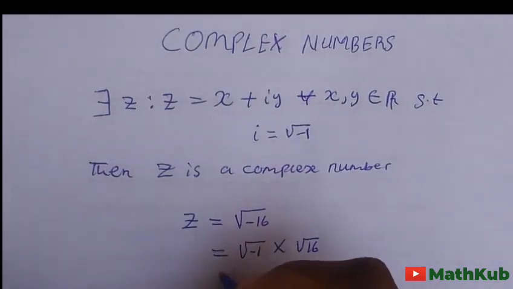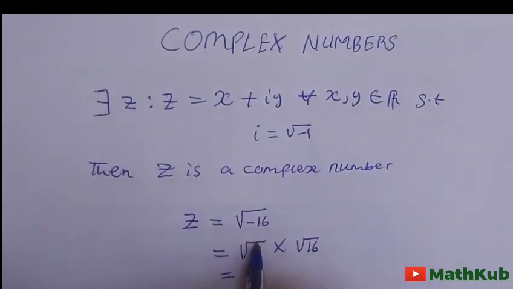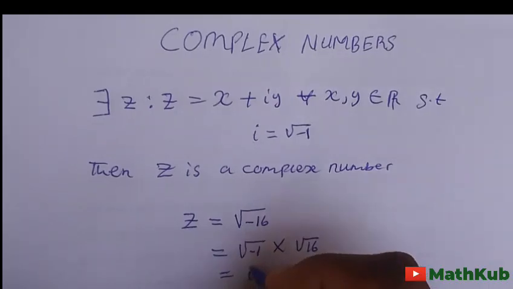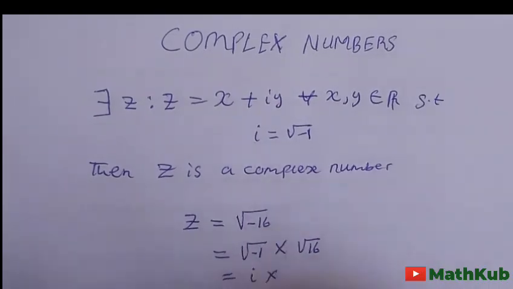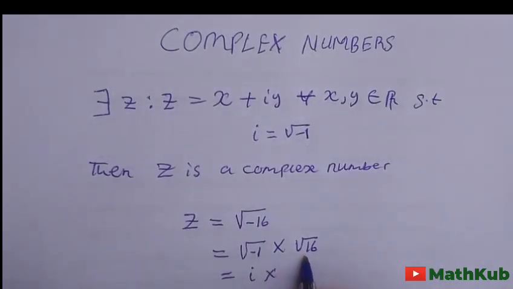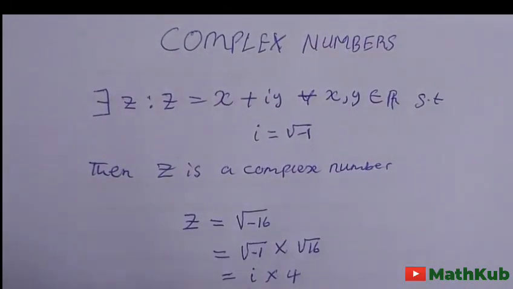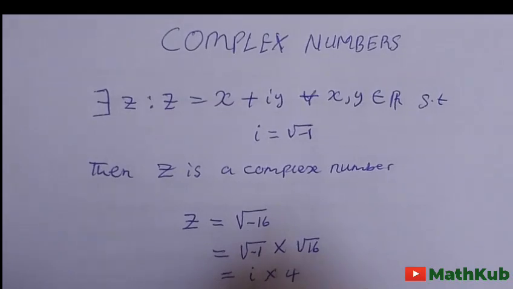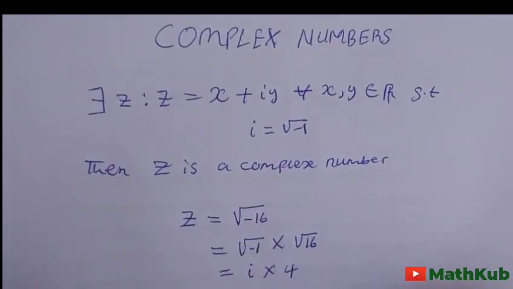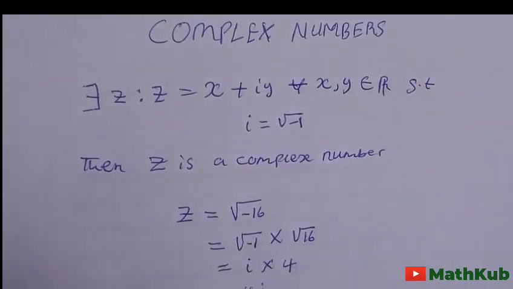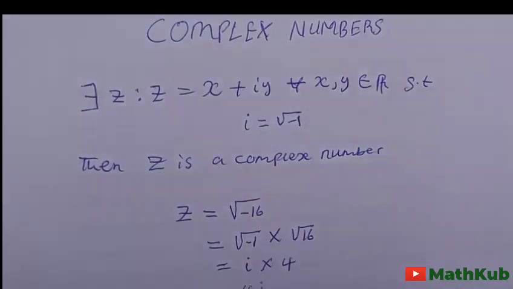Then this is equal to, square root of -1 is i, then we can say i times the square root of 16, which is 4. i times 4 is 4i. That is the answer. Not i4, 4i.